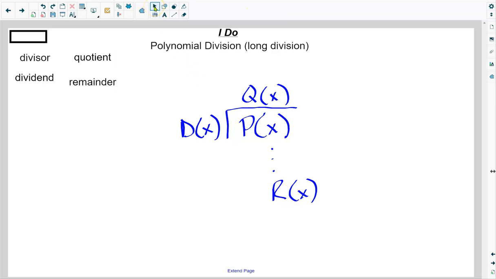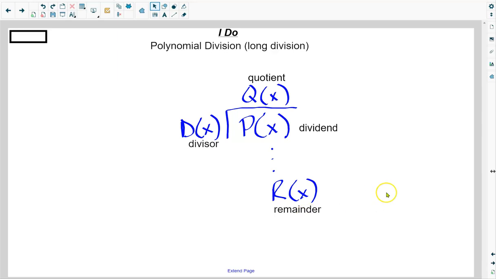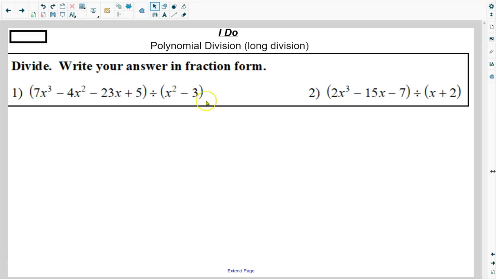And the correct terminology here is inside here you have the dividend. Out here is the divisor. What you get is the quotient, and this is the remainder. Good for your notes. Again, you're very close to being adult college kids, so you should be able to speak the material, okay?